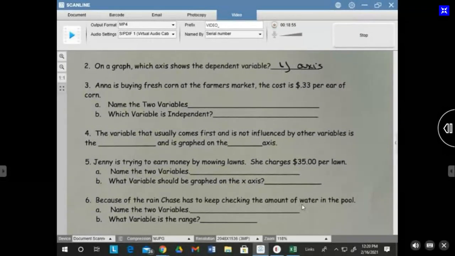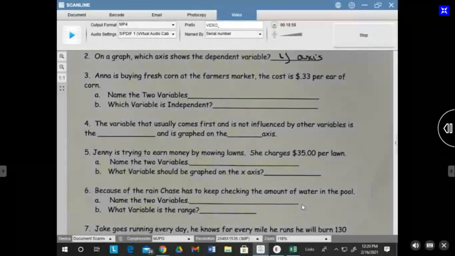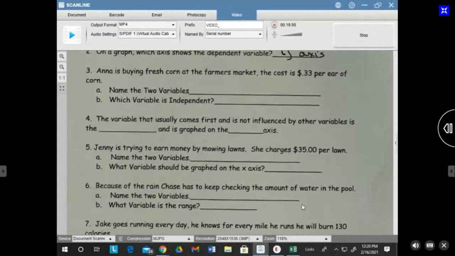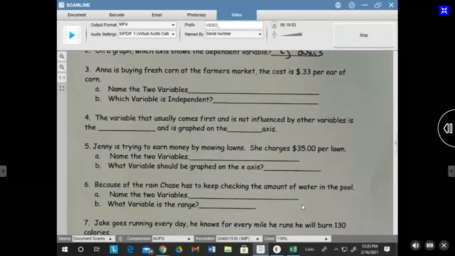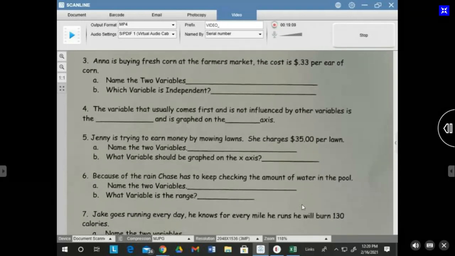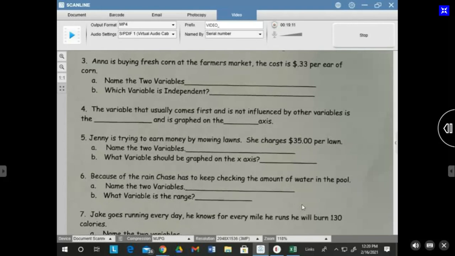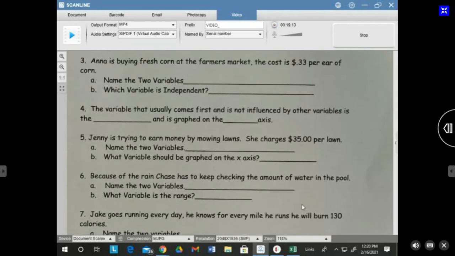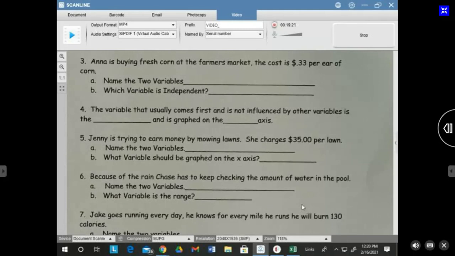One more on here. Which one should we do? The variable that usually comes first and is not influenced by the other variable is the... That's a test question right there.